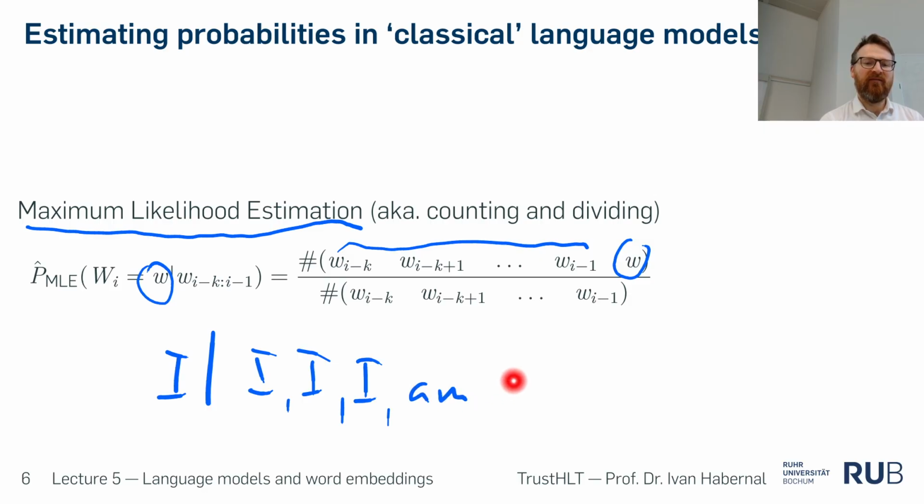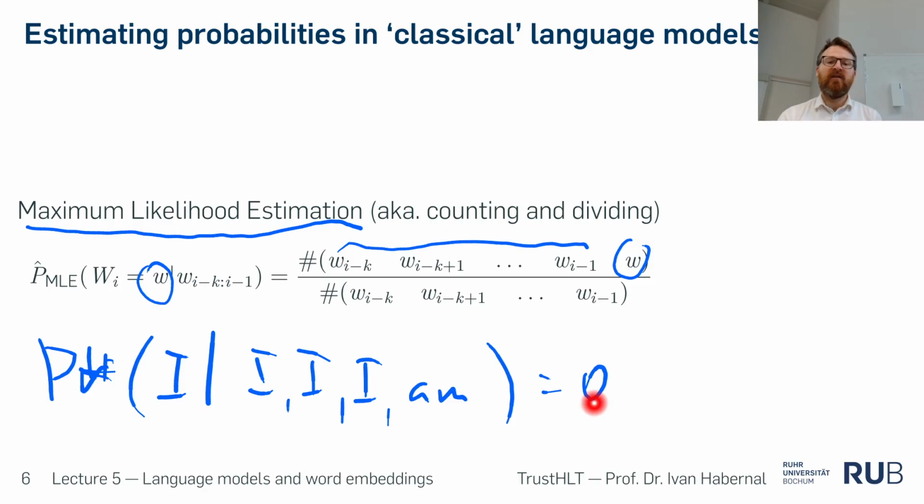am. How many times do you think you will see this on the internet? I would say probably 0 times, because it's very weird. So the count of this, or the probability of this, is 0. And you will get 0 probabilities for most of your random sequences of words, because language is not random.